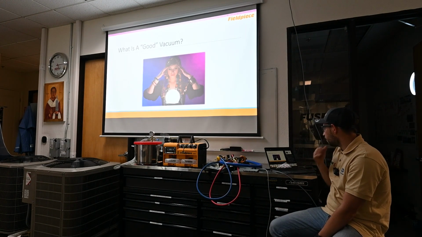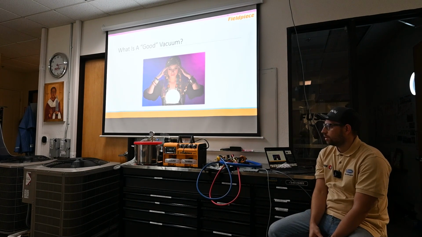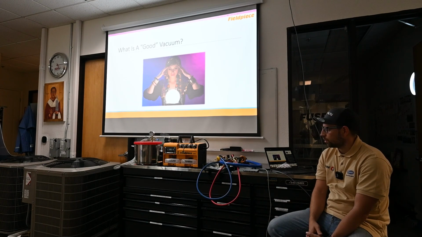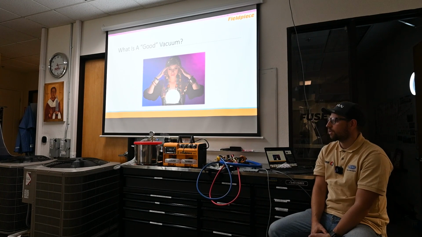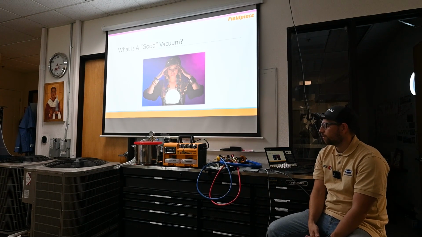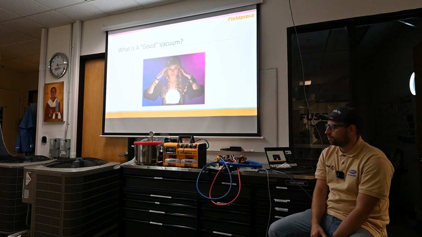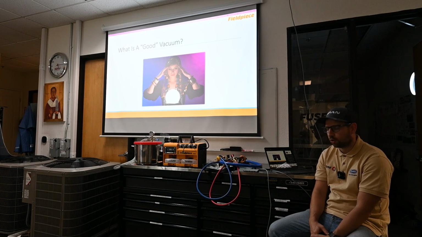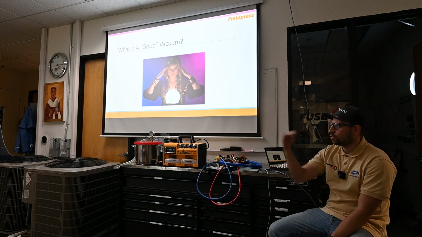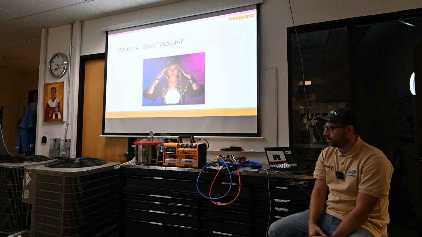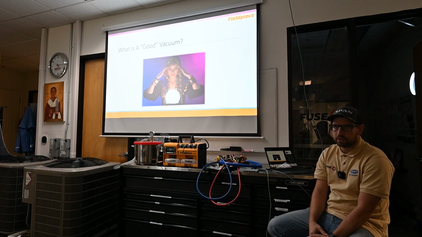What is a good vacuum? For example, if you install a brand new system, your line set not more than 100 feet, and you turn on your vacuum pump, the vacuum should take like 10-15 minutes, not more. You need to drop your vacuum gauge below 500 microns.